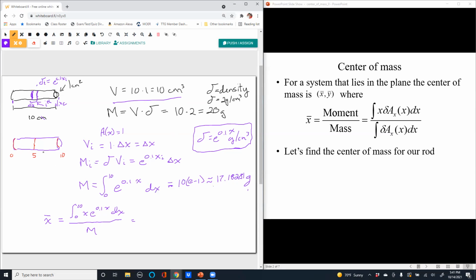That means it's more dense over here on the right side of the rod than on the left side. So we would expect the rod to be more dense over here. So in order to balance this thing, let's say you had to balance this rod on your finger. Would you want to put your finger between 5 and 10 somewhere, or between 0 and 5 somewhere?